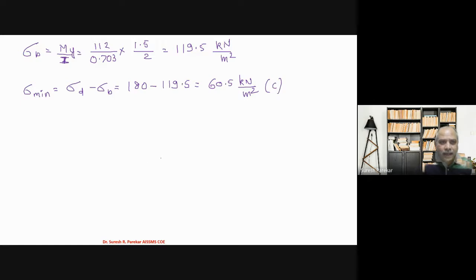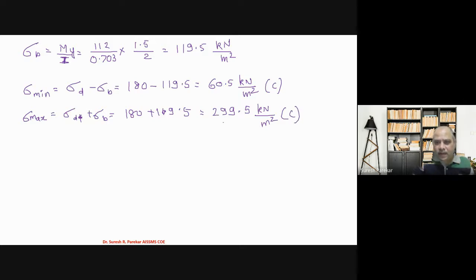And then sigma max is sigma d plus sigma b, equal to 180 plus 119.5, and that will give us 299.5 kilonewton per meter square, and this is again compression. So this value we have at bottom, and that value we have at top.